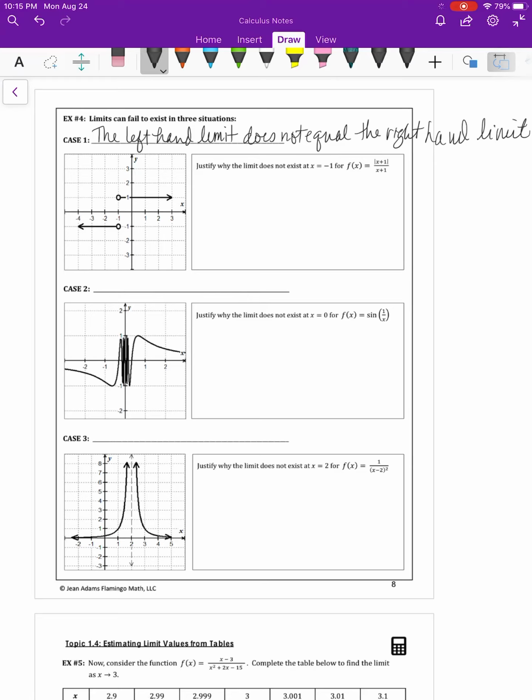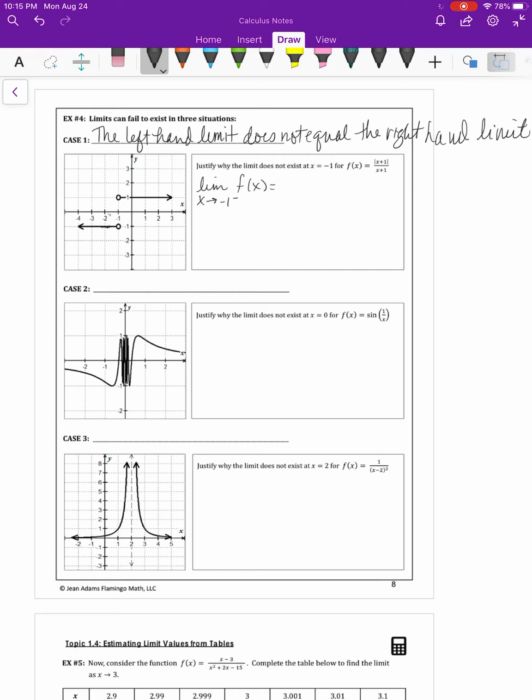As you can see in this situation, it says justify why the limit does not exist at x equals -1 for f of x equals the absolute value of x plus 1 over x plus 1. So we're going to look at the limit as x approaches -1 from the left.